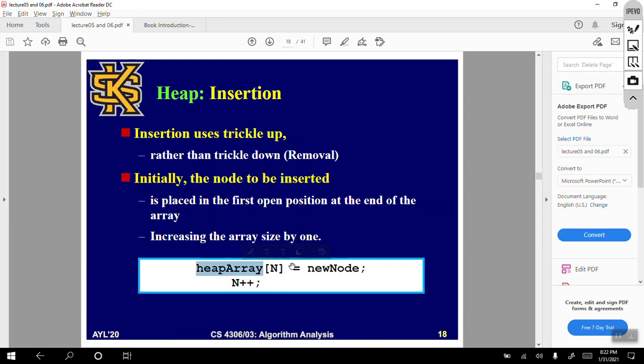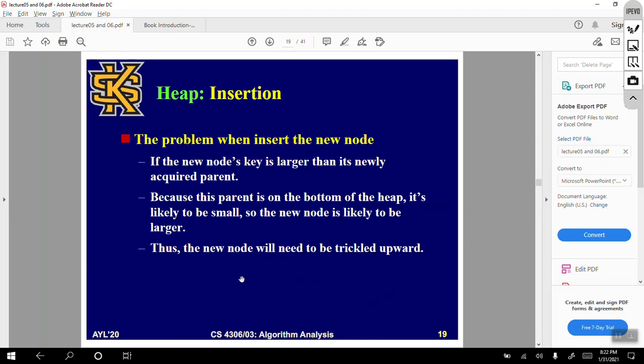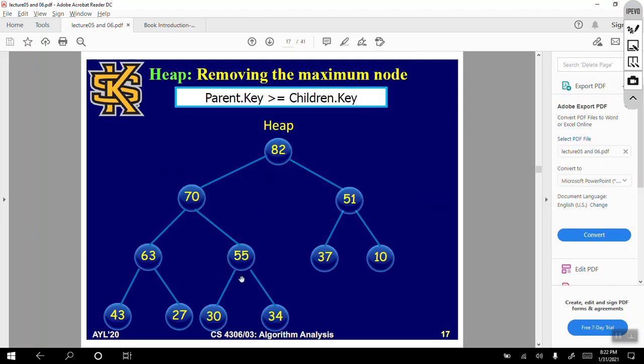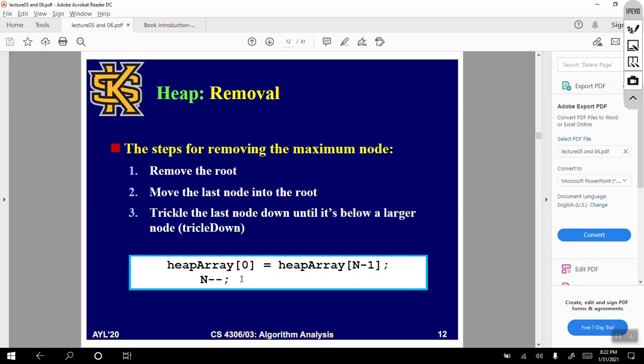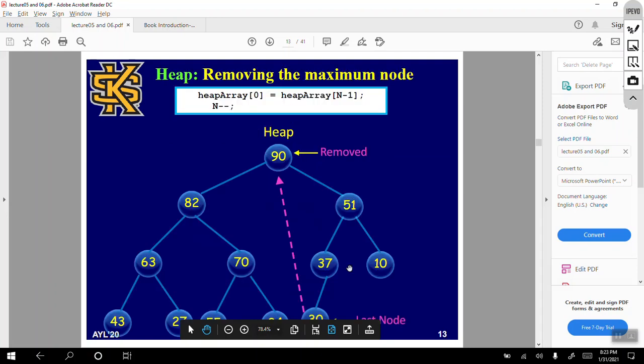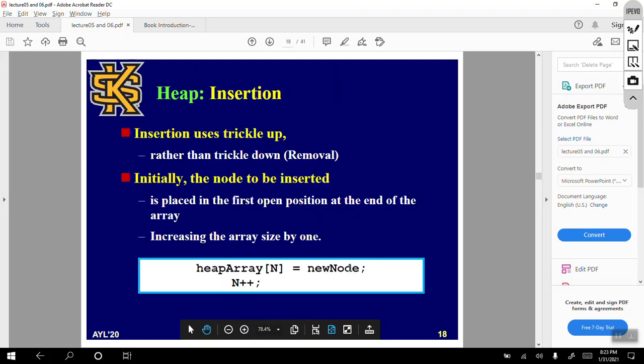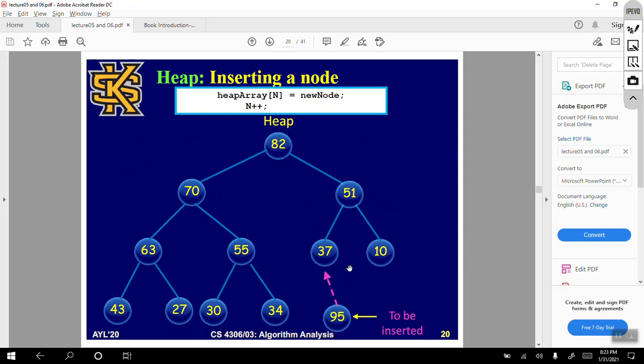We take one node from the heap and put it in another array, and we are increasing that heap array size. Here we are decreasing to maintain the heap when we copy the last element.